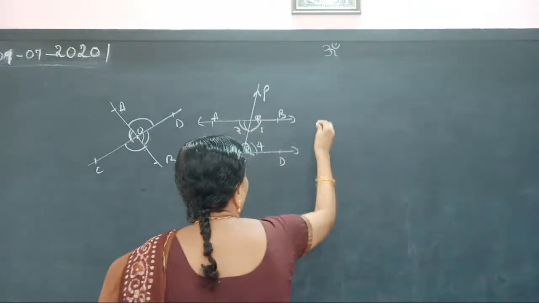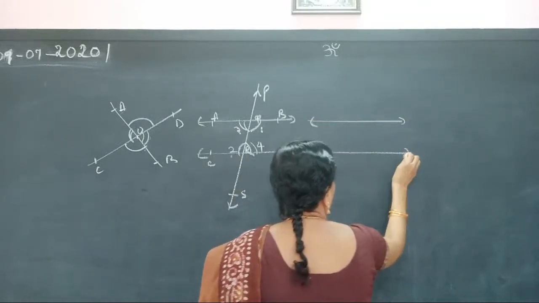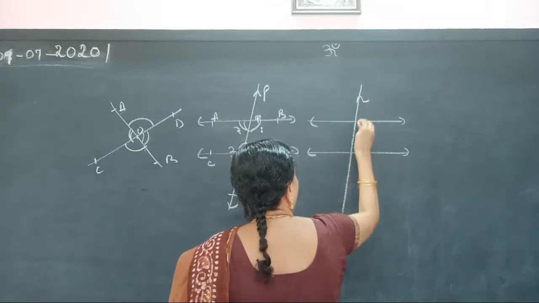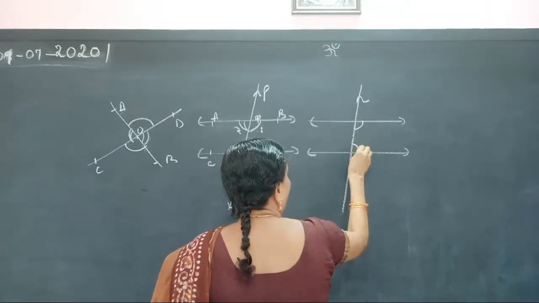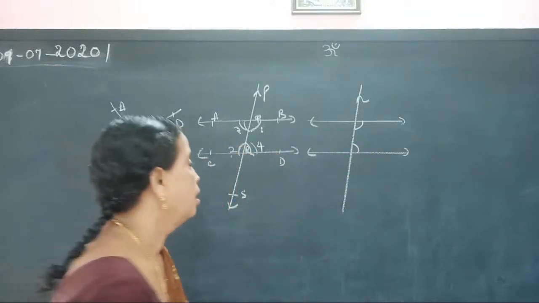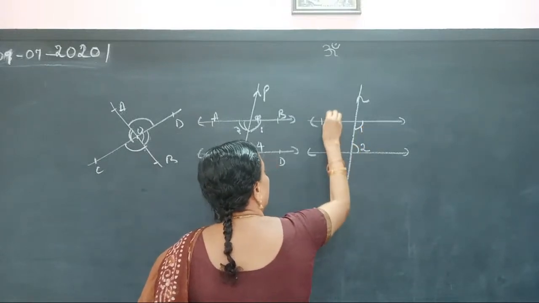Then 6.4, again we go with, if a pair of parallel lines are intersected by a transversal, then the sum of co-interior angles on the same side of the transversal is supplementary.